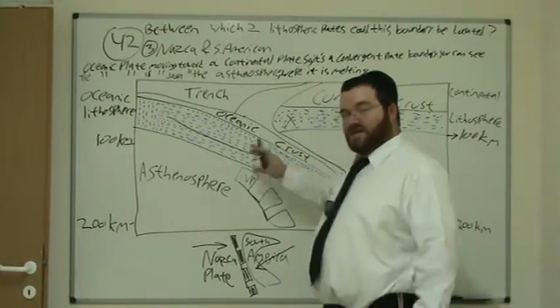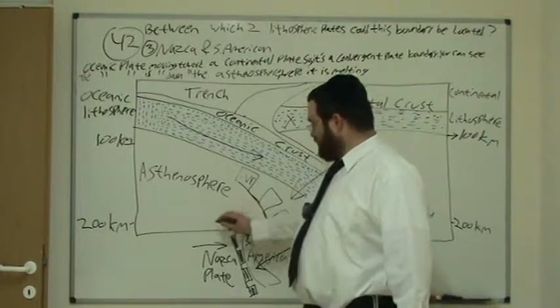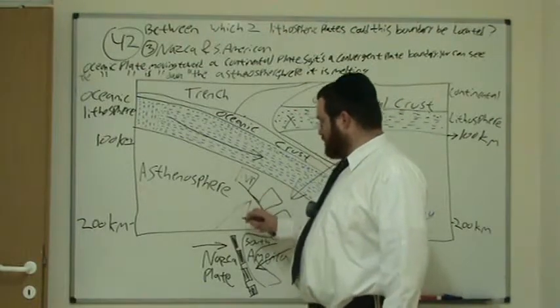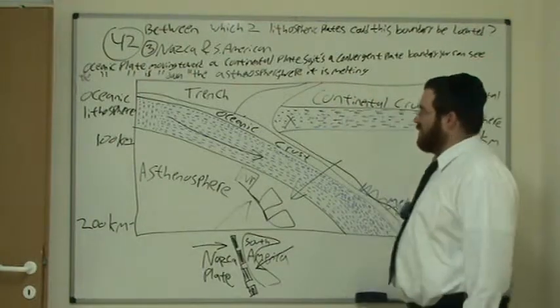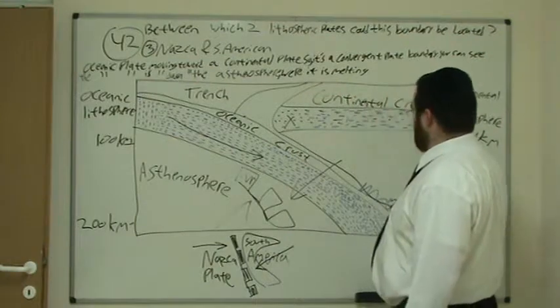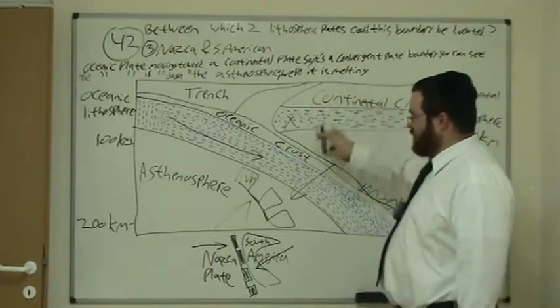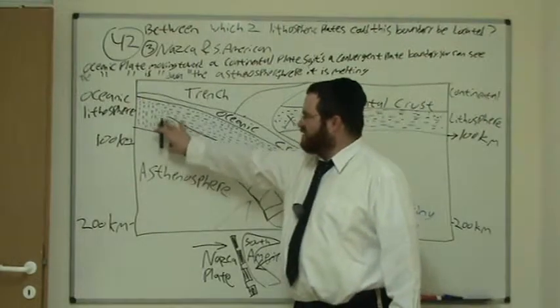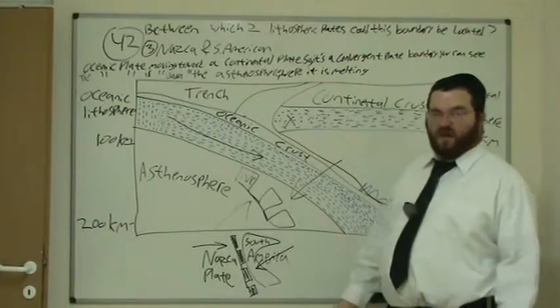That plate is staying on top. And these two arrows mean that these two plates are coming towards each other. So if one goes on top, the other one goes on bottom. And that's similar to what you see in this diagram. You see the continental crust is on top, and the oceanic lithosphere is going downwards. They show you an arrow that shows that it's going downwards.